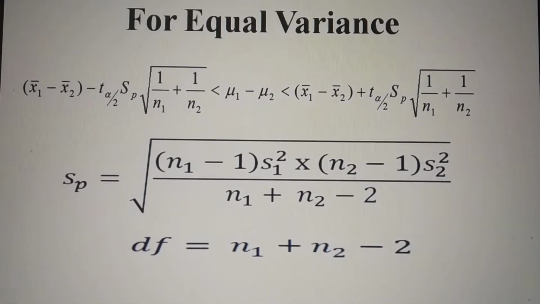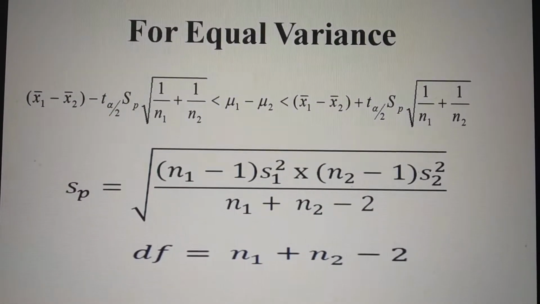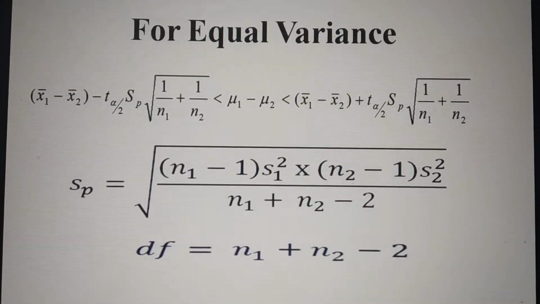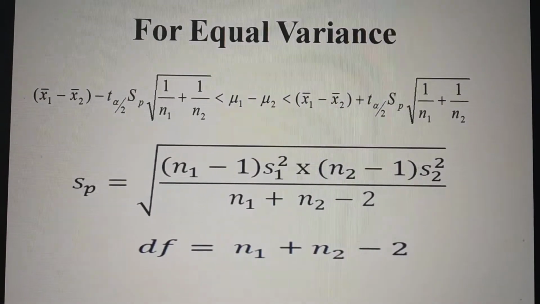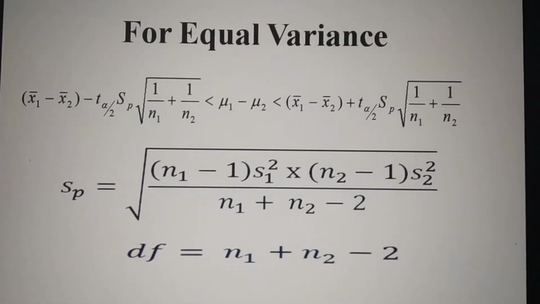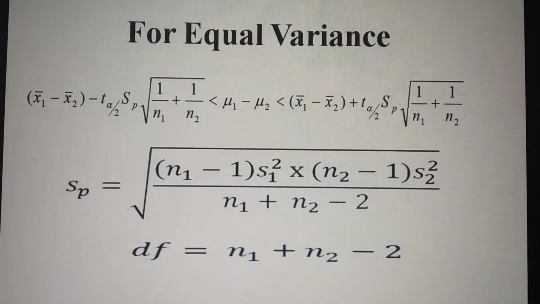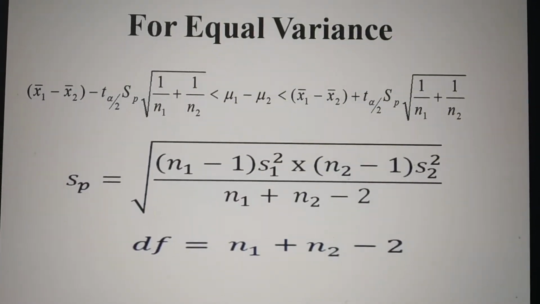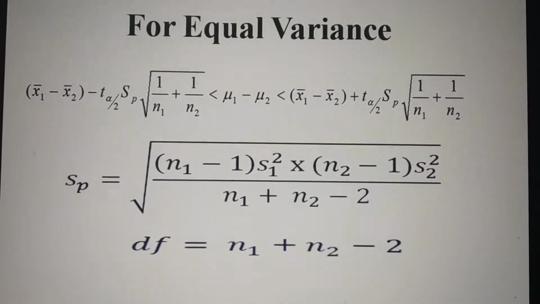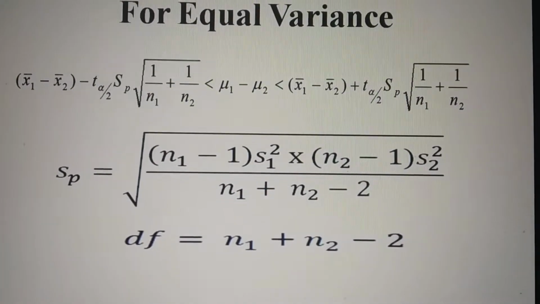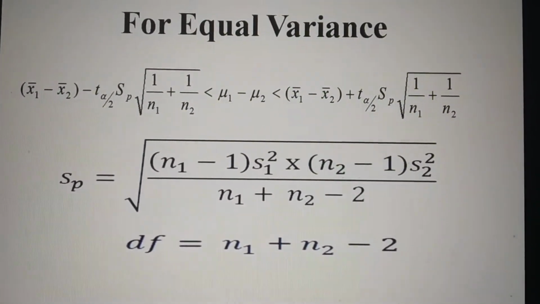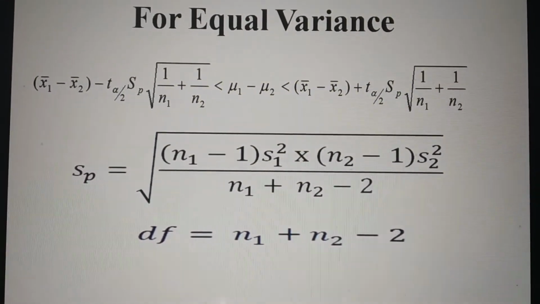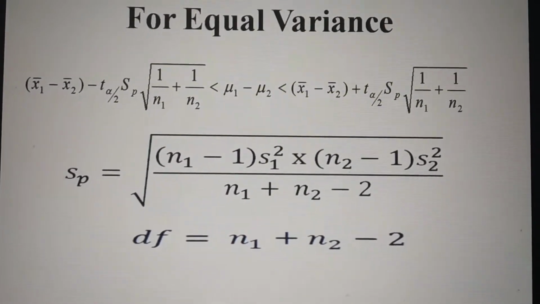For equal variance we have a formula: x1 bar minus x2 bar, minus or plus t alpha by 2 times sp under root 1 upon n1 plus 1 upon n2, where sp stands for under root (n1 minus 1) into s1 square plus (n2 minus 1) into s2 square, divided by n1 plus n2 minus 2. sp is known as pooled standard deviation, a combined standard deviation of both the populations or samples.